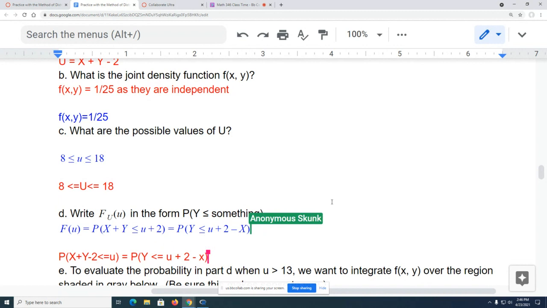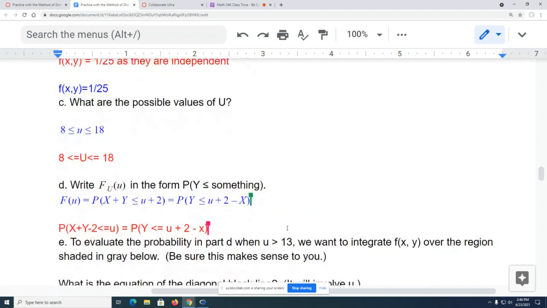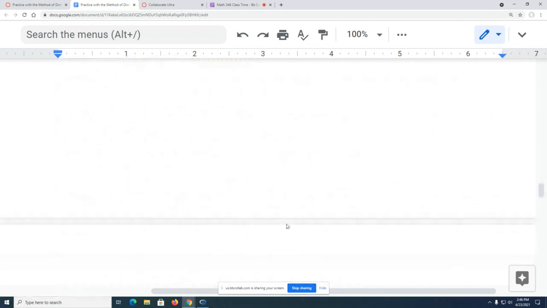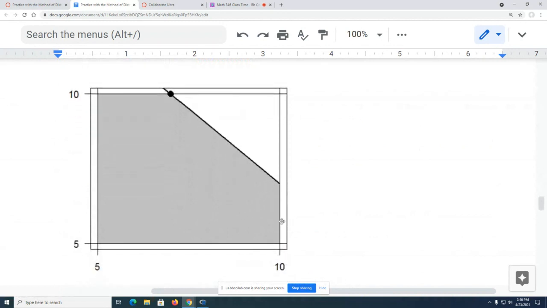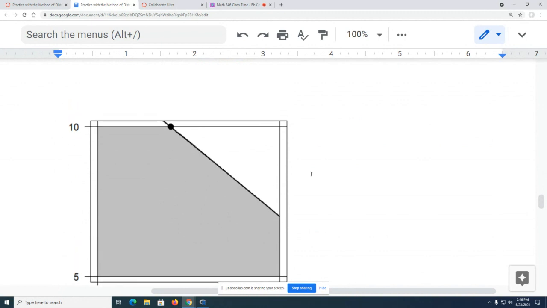All right. So in order to evaluate this probability, we're taking an integral over a region where x and y are between 5 and 10.